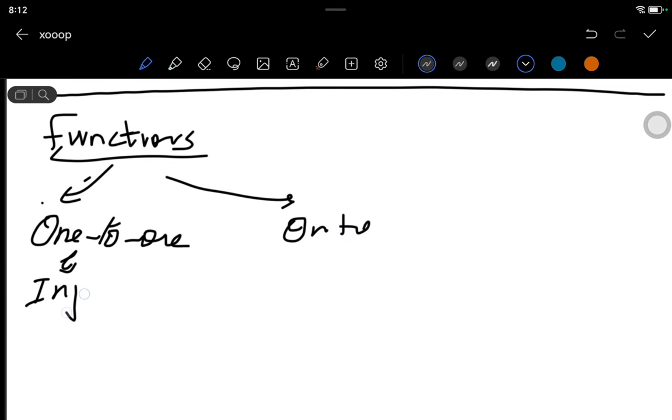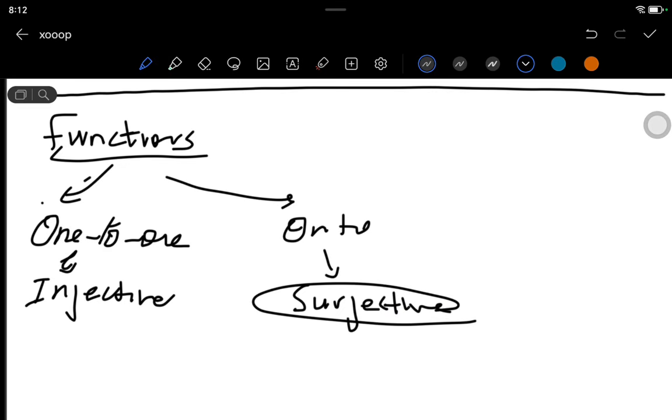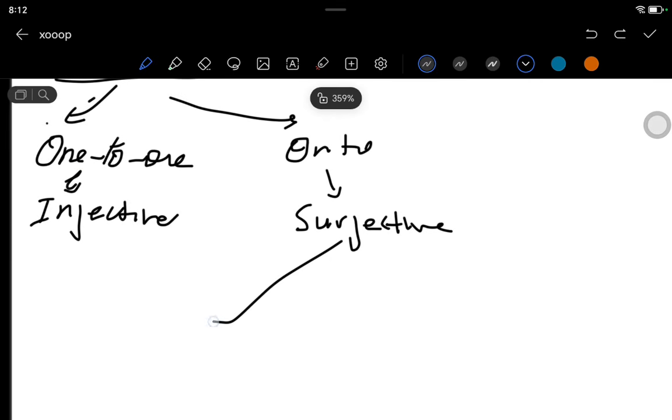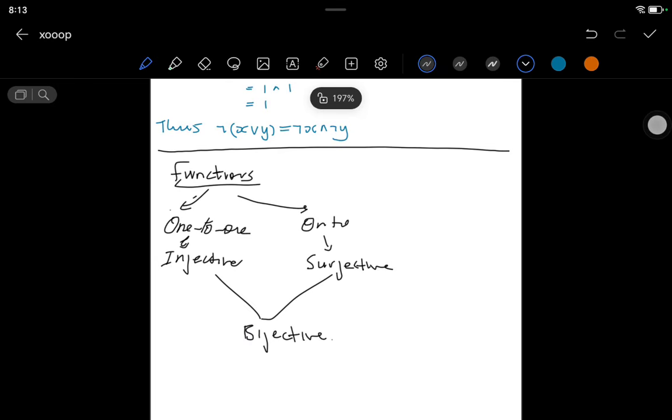We're injecting. Then onto is called surjective. Here it's an aspect that covers. We're trying to cover. I want to see if our image is going to cover the entire codomain. If both are satisfied, this is called bijective.